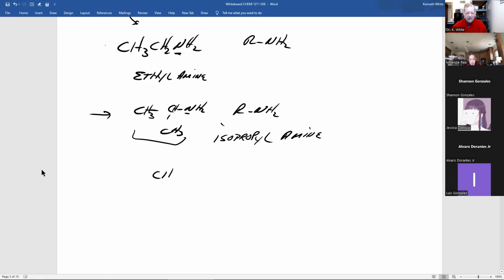Now, let me introduce you to an old friend of mine from graduate school. This is a molecule I used a lot in my research to make a special base to use in making special enolate anions. And remember, 2 is di, 3 is tri.